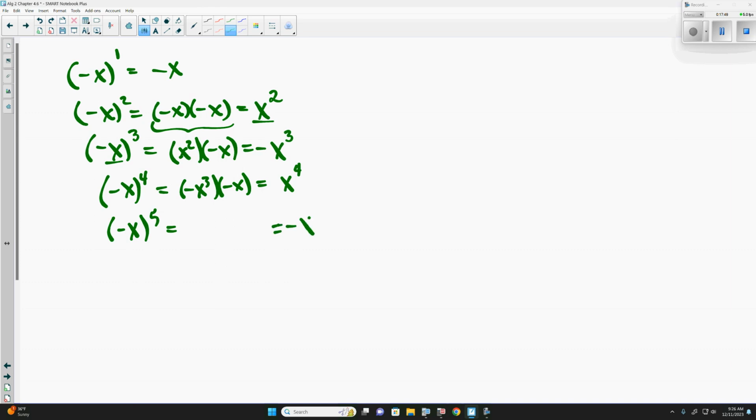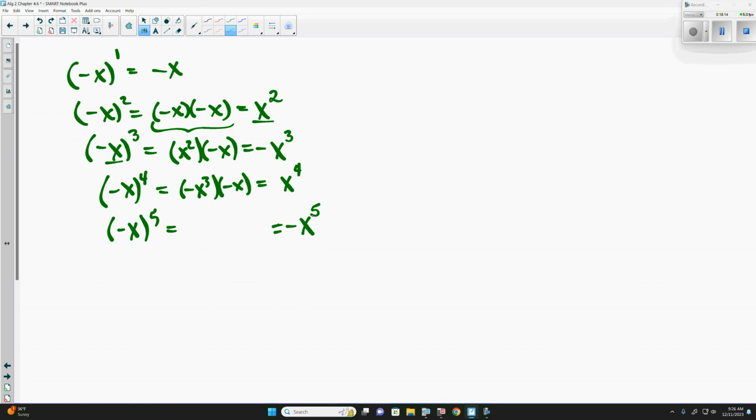It would be negative x to the 5th, yes? Because all the ones that have an odd power, that negative stays. All the ones that have an even power, that negative becomes a positive. And it works out that this is true every single time. If we have an odd power, it's still going to be negative. But if we have an even power, that negative is going to turn into a positive, yes?